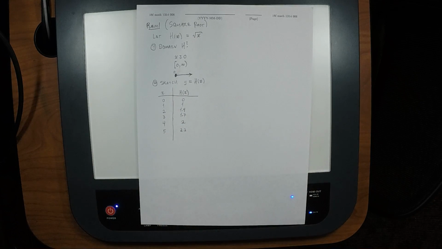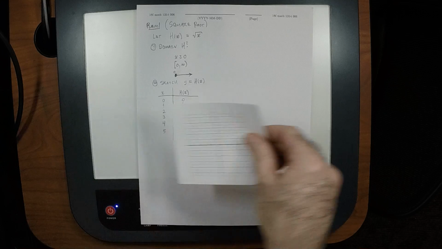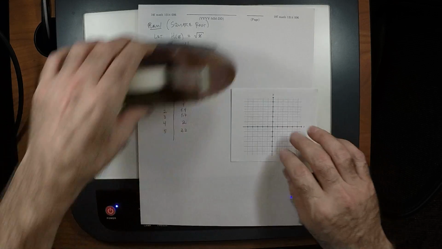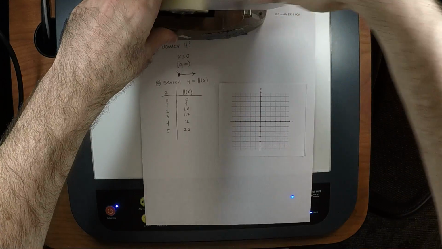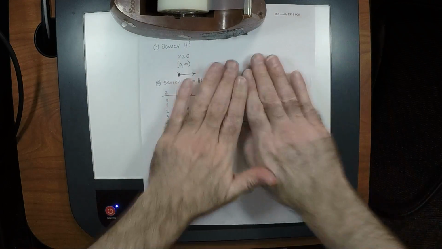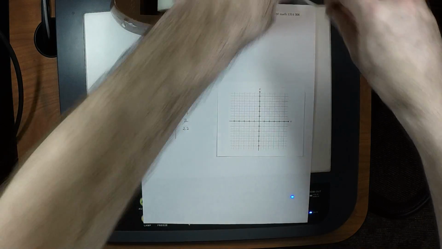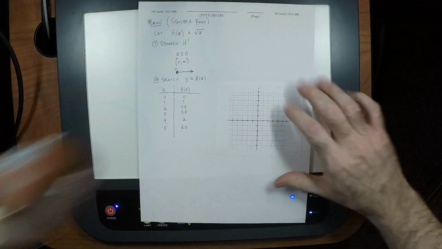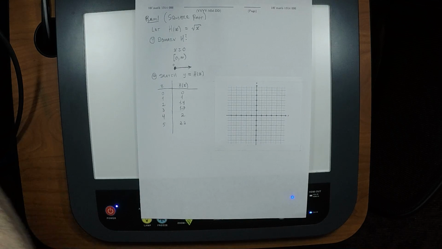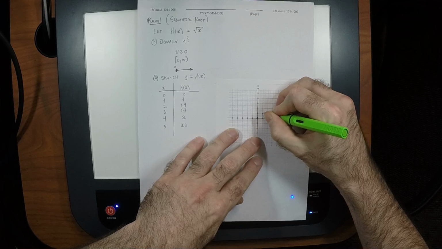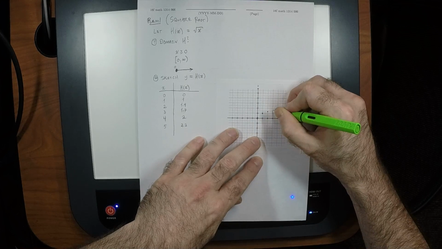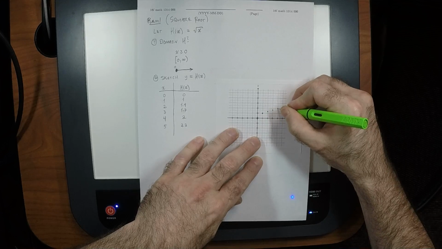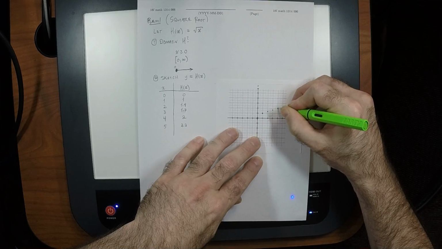Okay, so let's plot that. So 0, 0, 1, 1, 2, 1.4, 3, 1.7, 4, 2, 5, 2.2, so something like that.